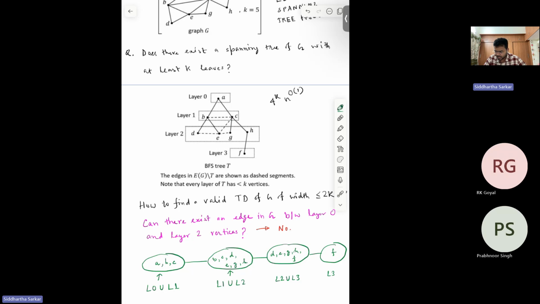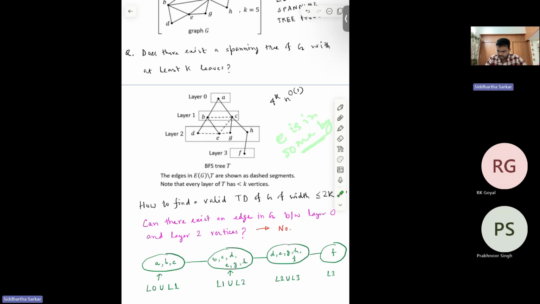Now, why is this a valid tree decomposition? We have to verify the 3 properties. One is every vertex is in some bag. By virtue of the fact that every vertex appears in at least one of the layers, there must be a bag containing every vertex. Now, for every edge, I want to see a bag.